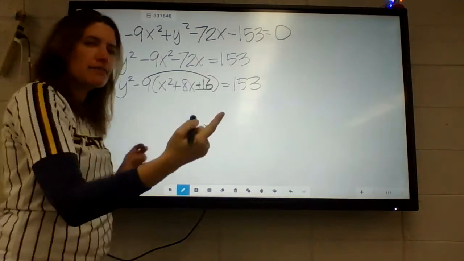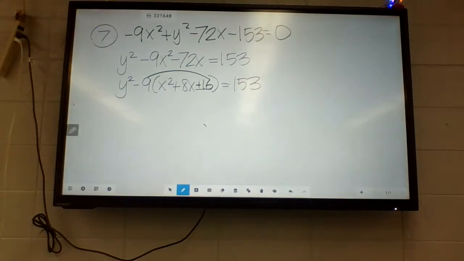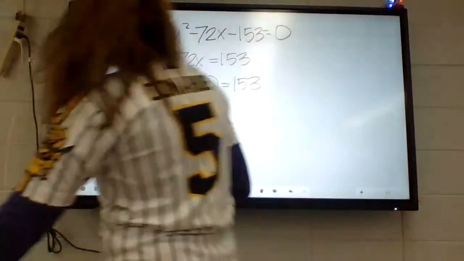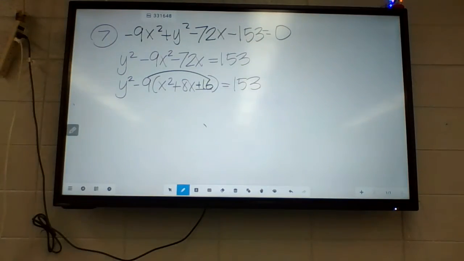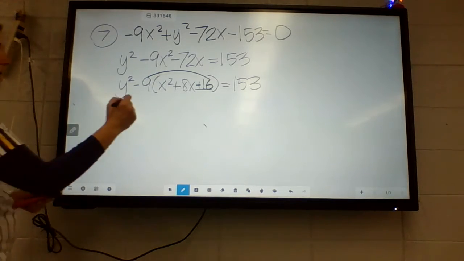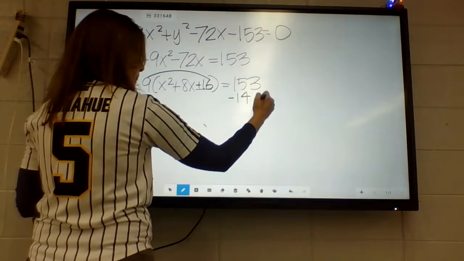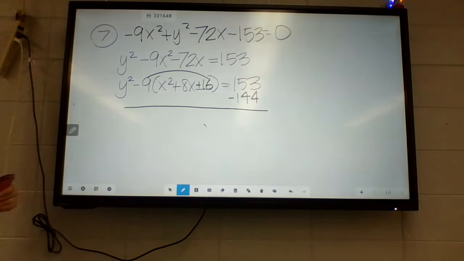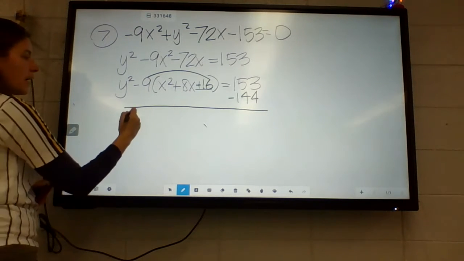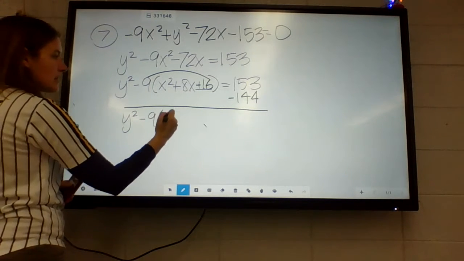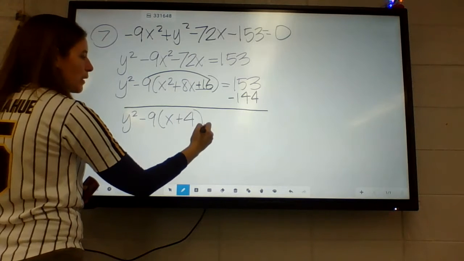But then what I have to multiply over to the other side is 16 times 9, which is 144, or negative 144. So I have y squared minus 9, and this will be x plus 4 squared.